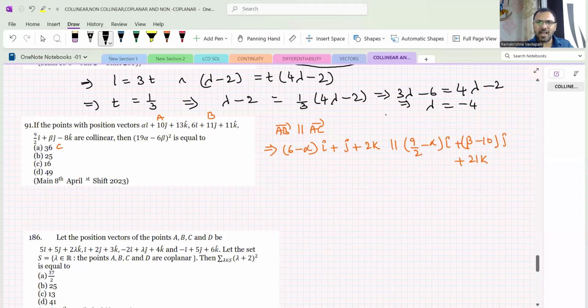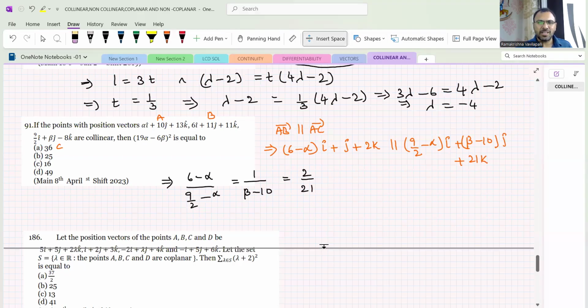Now these vectors are parallel. So you just take the ratio of i, j, k components. So we get 6 minus alpha by 9 by 2 minus alpha equal to 1 by beta minus 10 equal to 2 by 21.